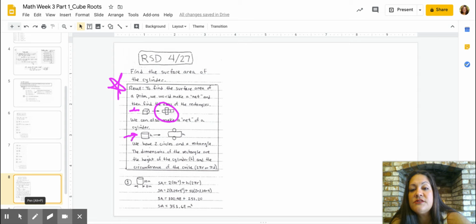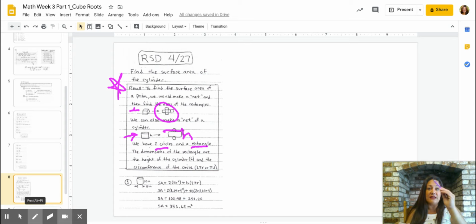The dimensions of the rectangle are the height, h, and the circumference of the circle, because this length goes around the entire circumference of each circle. So that's how you would find that length.